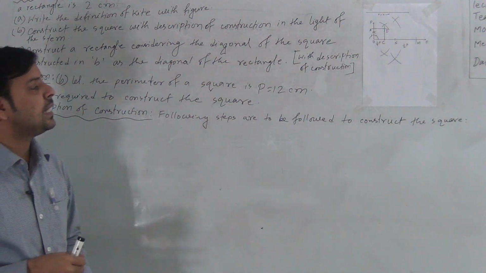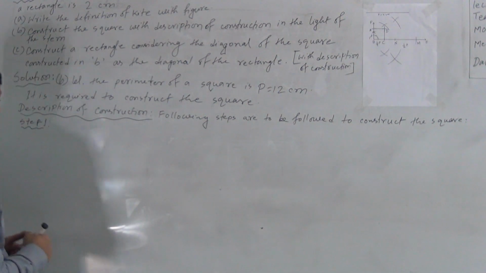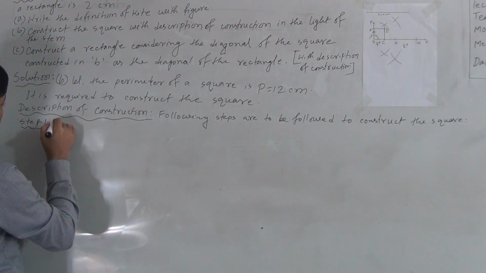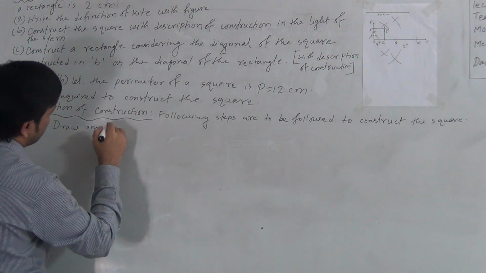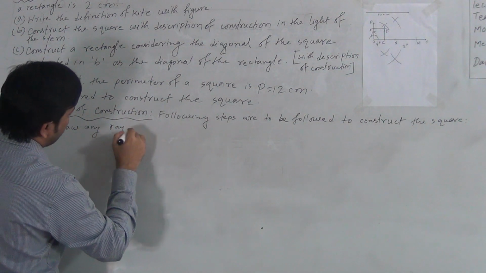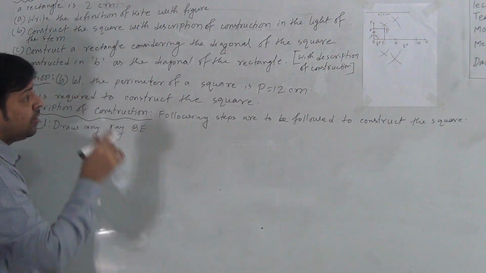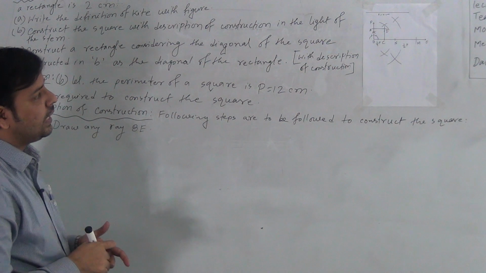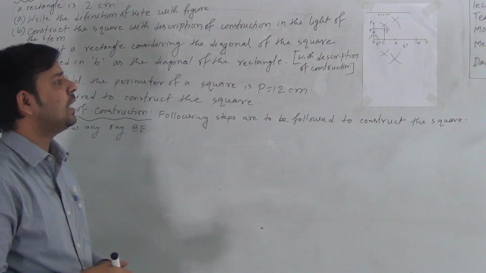At first I have taken a ray BE. So I have to write, draw any ray BE. Then I have taken the length P, means perimeter, from BE, that is BM.